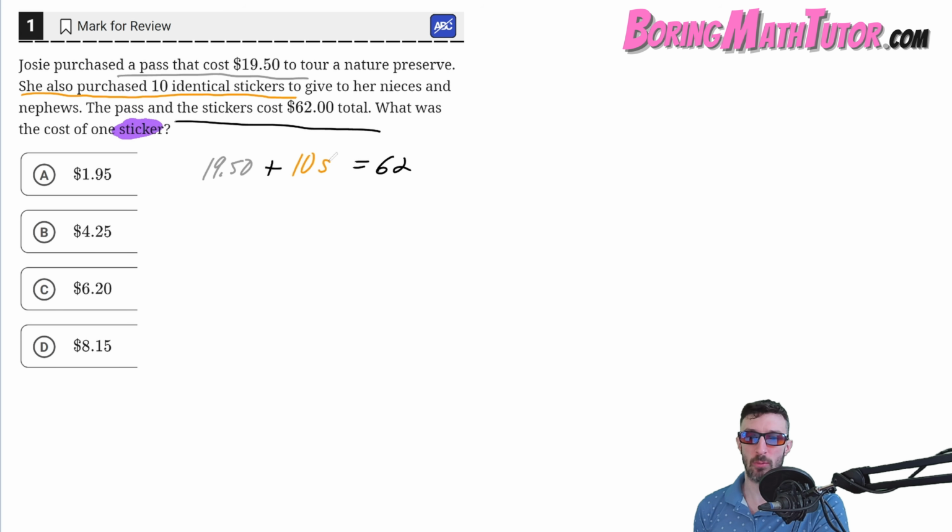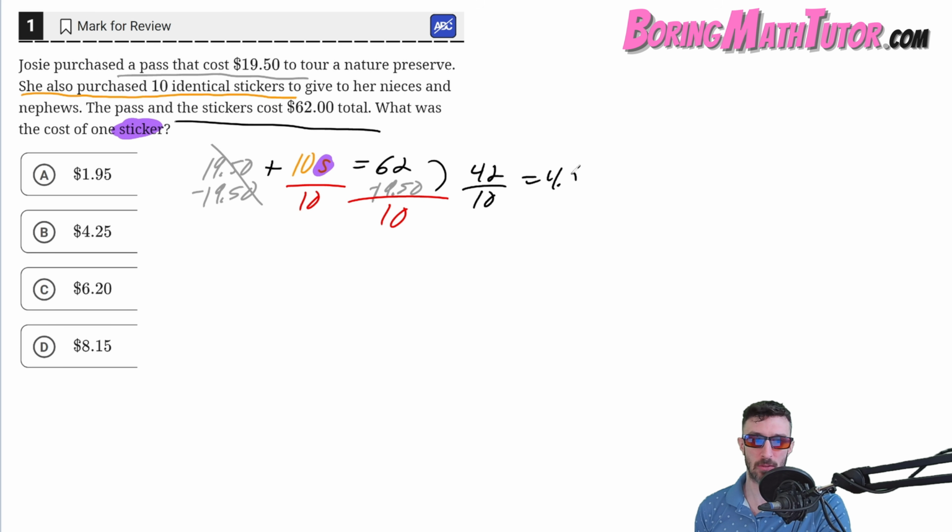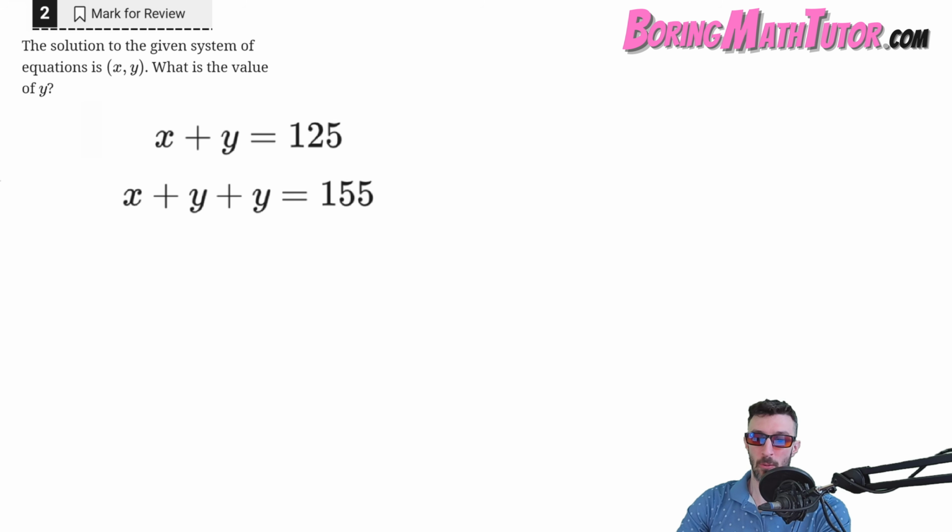They want to know the cost of one sticker, so that would just be S. So all I got to do here is subtract the $19.50, and then we'll divide by 10 to get rid of that 10. So we can estimate that actually. That would be 62 minus 20, which would be 42. Divided by 10 is 4.2. And this one is clearly close. We done.